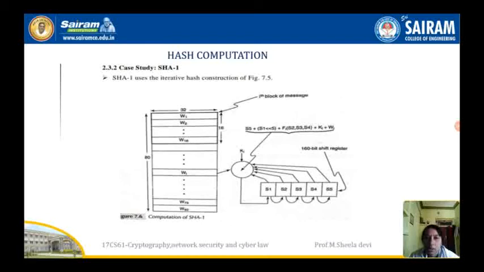So 80 words are required, and the constant Ki is also required 80 times, that is 80 rounds. Then F1 of S2, S3, S4. So it has to take the values from S2, S3 and S4, and apply some function on it, which will be added, plus S1, that also should be shifted left 5 times.